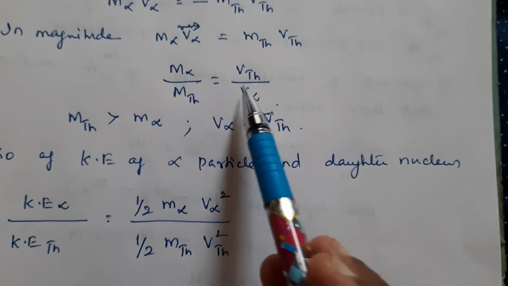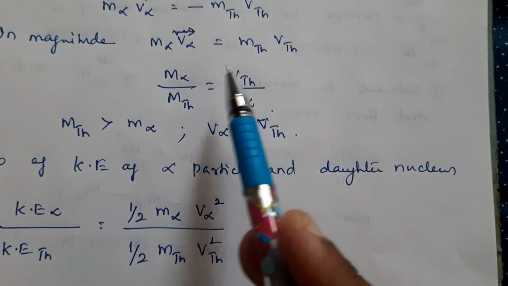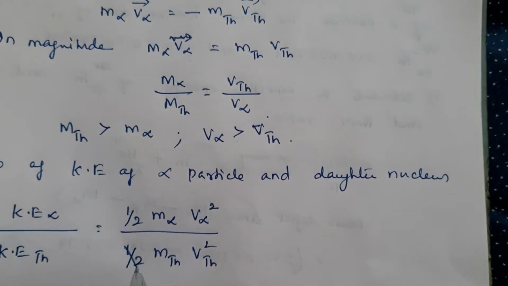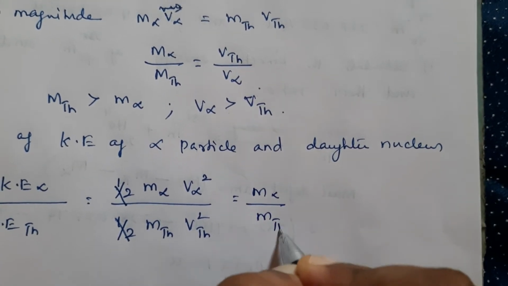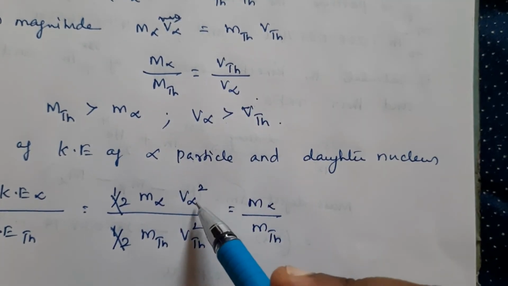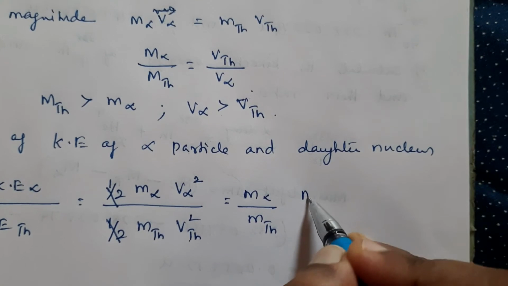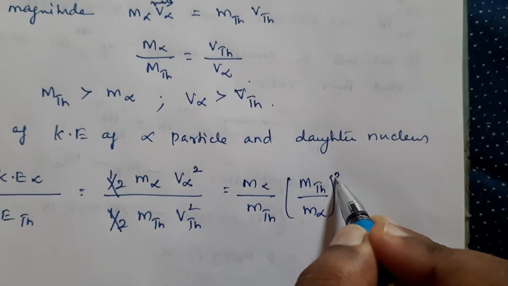Now for the velocity ratio I can substitute the masses. The halves cancel. So it is mass of alpha by mass of thorium into mass of thorium by mass of alpha the whole square.